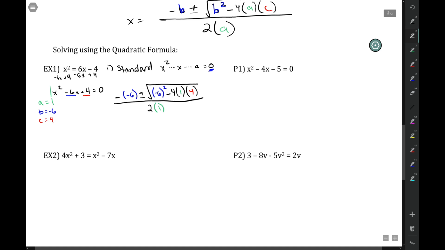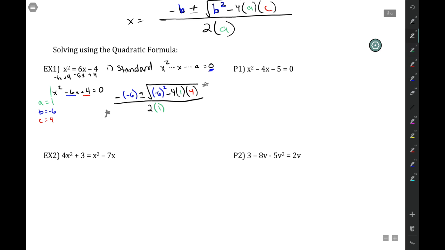This is the key thing here. If you can set it up, the rest is simplifying, and this is where all of our square root practice and everything comes into play.